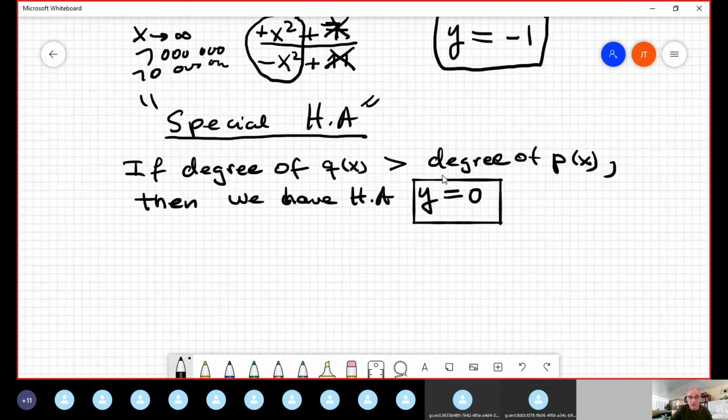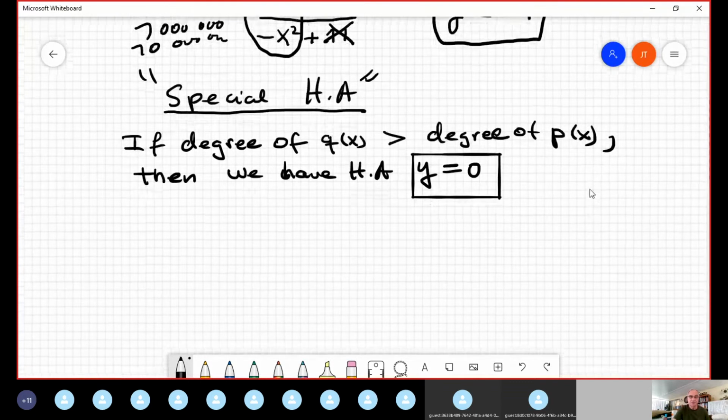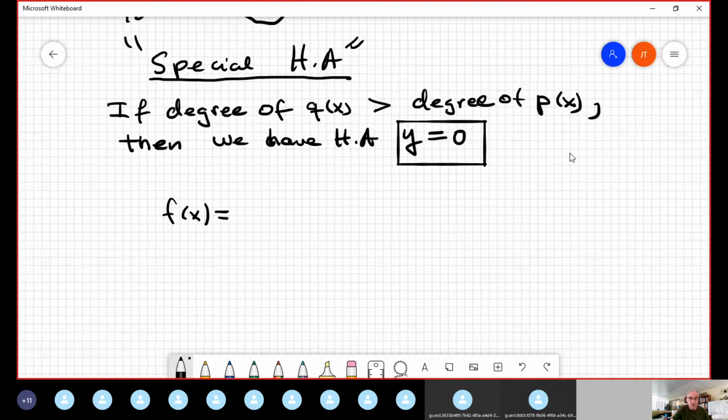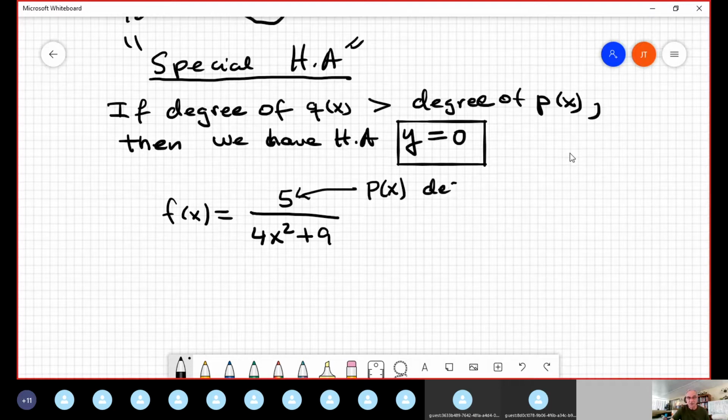Let me try to understand using one elementary example. Suppose this function, f of x equals 5 divided by 4x squared plus 9. In this case, I can analyze. This is P. P contains degree 0 because it's just a constant.